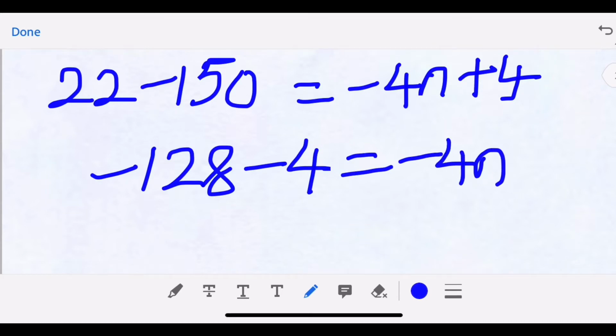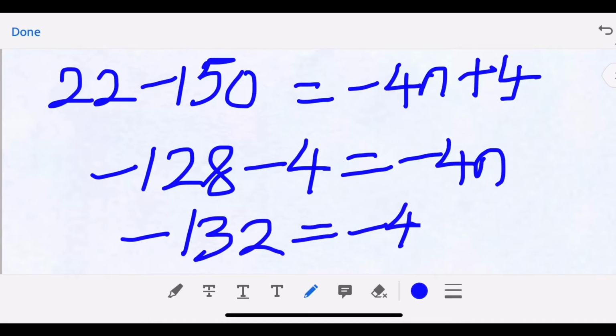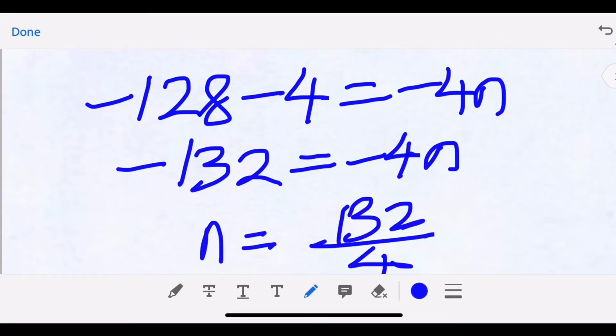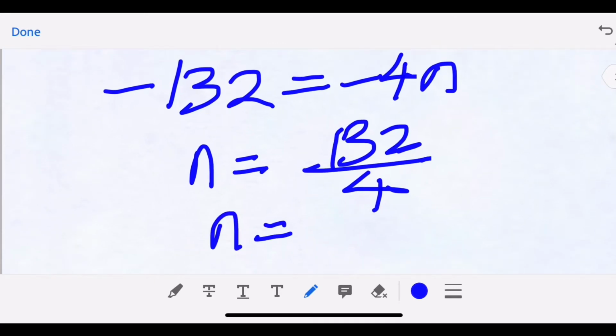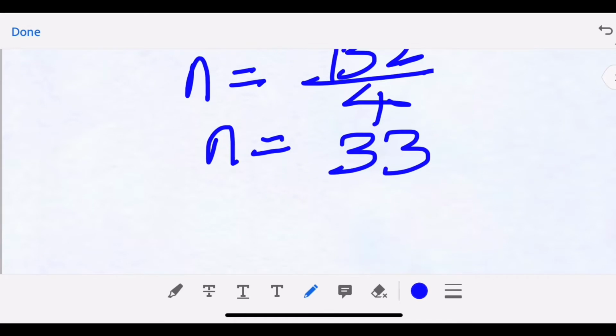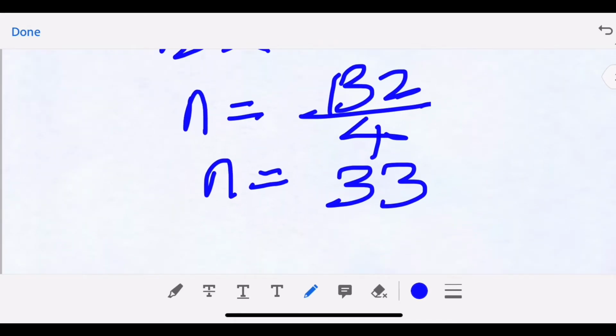So my n is 132 divided by 4. So my answer is n is equal to positive integer. So I'm safe, because if the answer is negative, sure got careless mistake. So n is 33. So it should be the 33 weeks. So that is my answer.